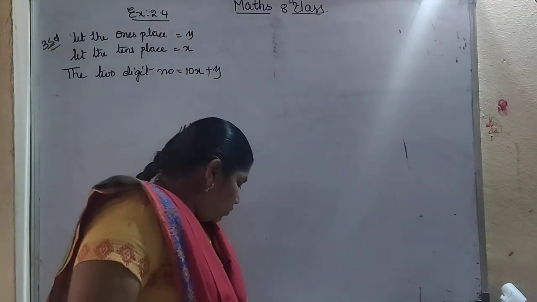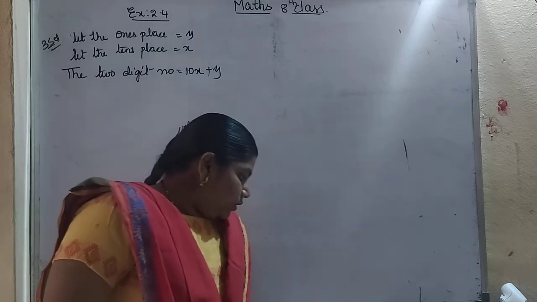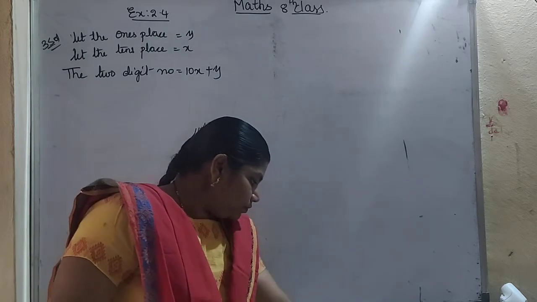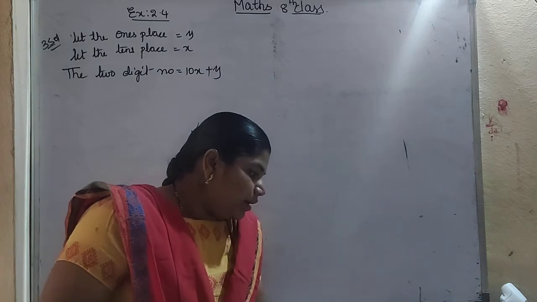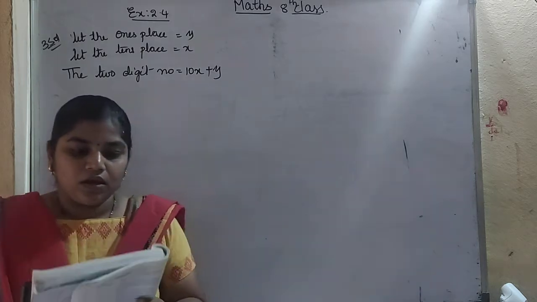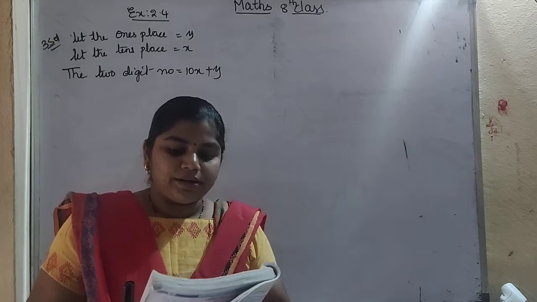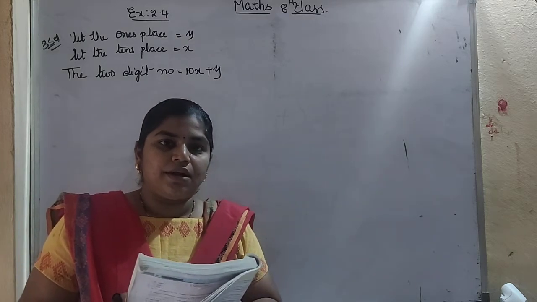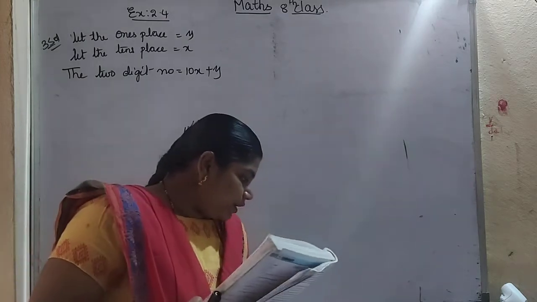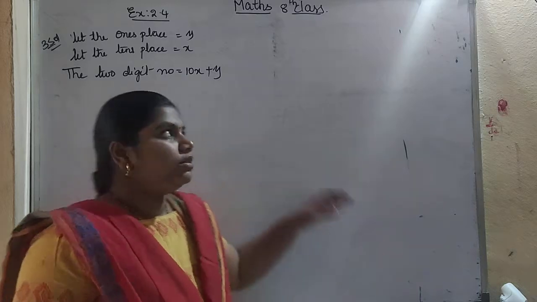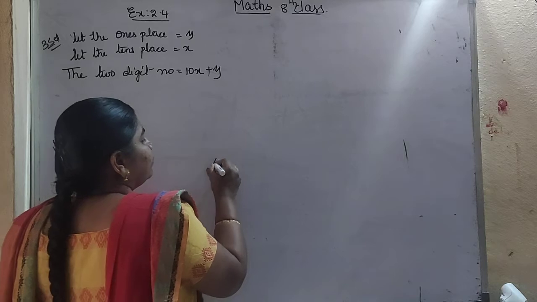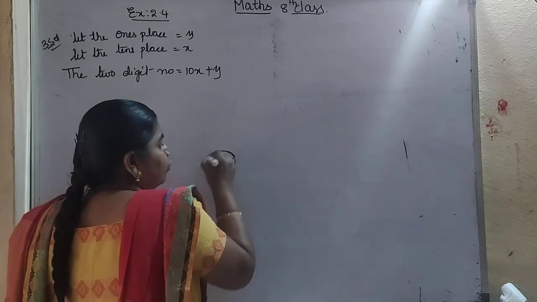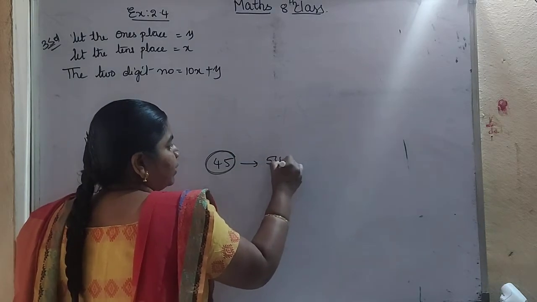So what did they tell now? They told that if 27 is subtracted from the number, its digits are reversed. If you are subtracting 27 from this number, the digits will be reversed. So already we have taken the number as 45. If you reverse these digits, it will be 54.